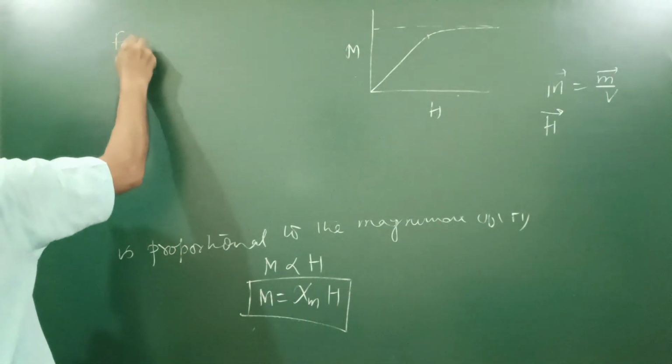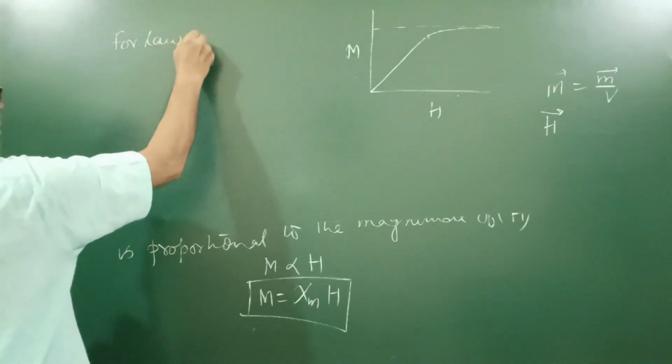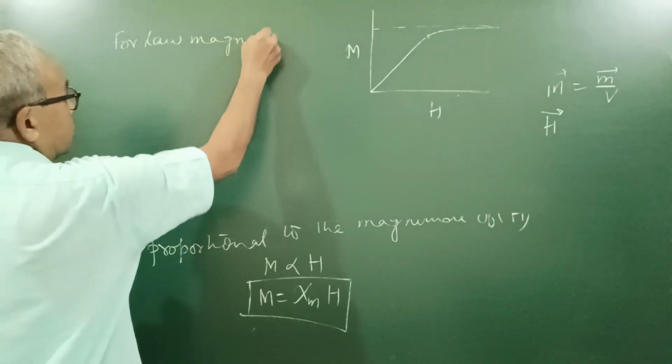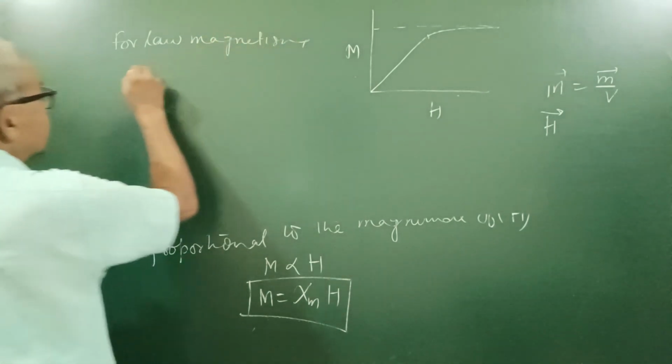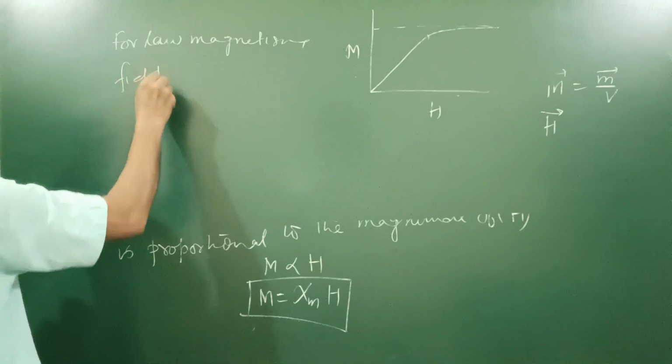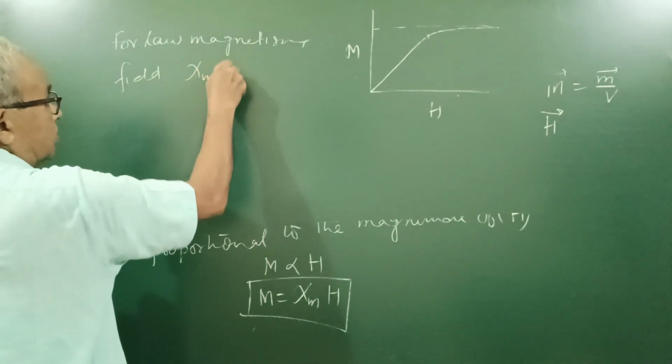For low magnetizing field, chi m is constant.